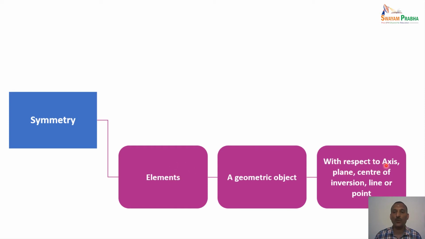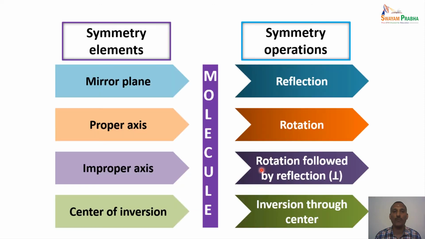It can be with respect to an axis, plane or center of inversion, line or point. So basically we have to perform some operations on an object, and after the operation we have to check whether there is any change or not. Based on that we say the molecule or the compound has that particular element of symmetry.